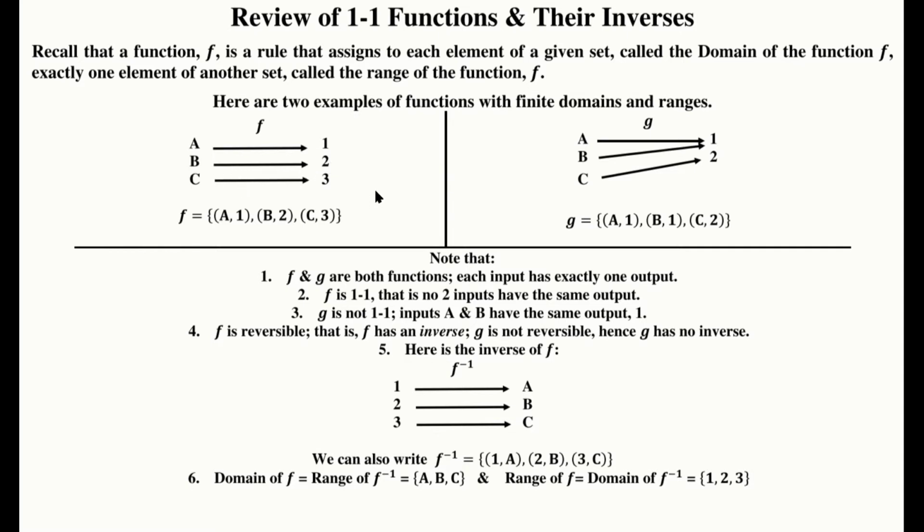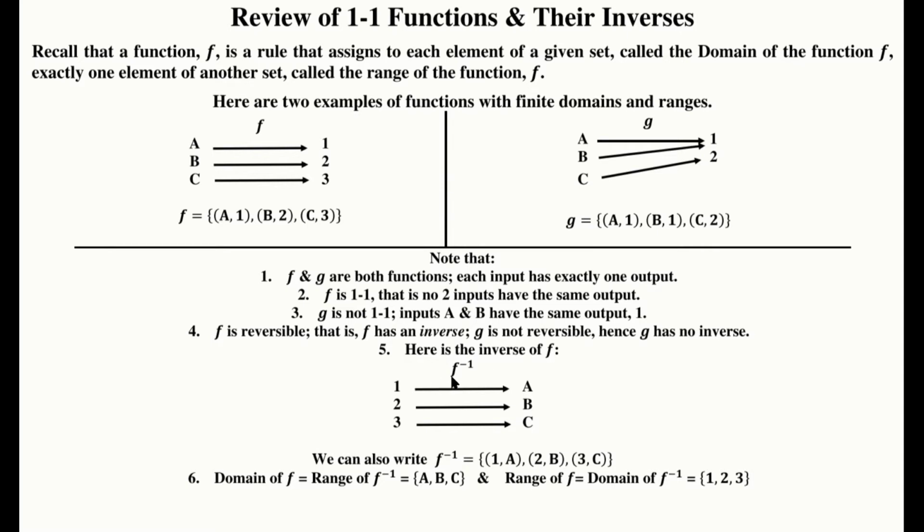We call functions like f, where no two inputs have the same output, 1 to 1. And these functions can be reversed, and that reversal creates a new function called the inverse function.